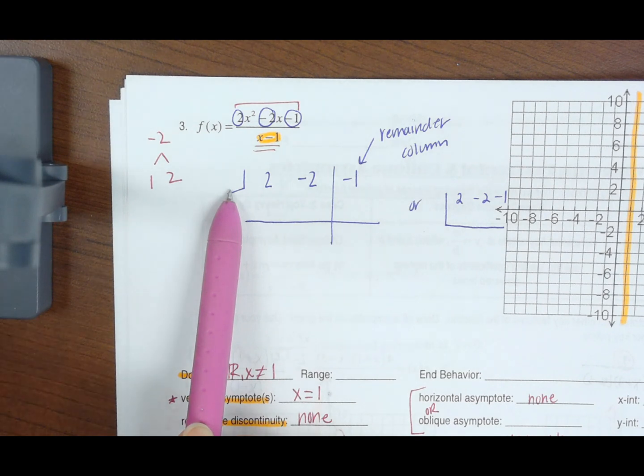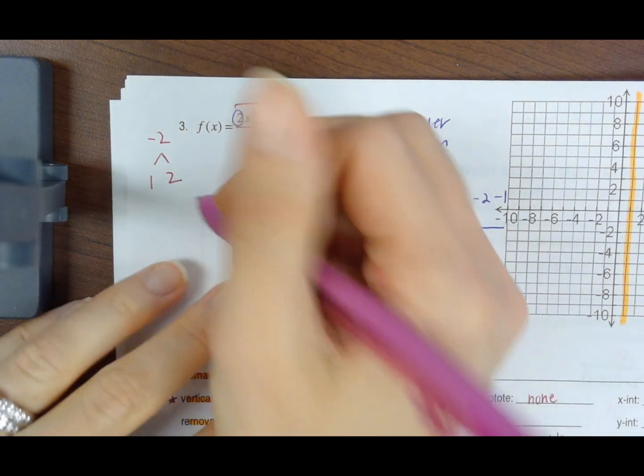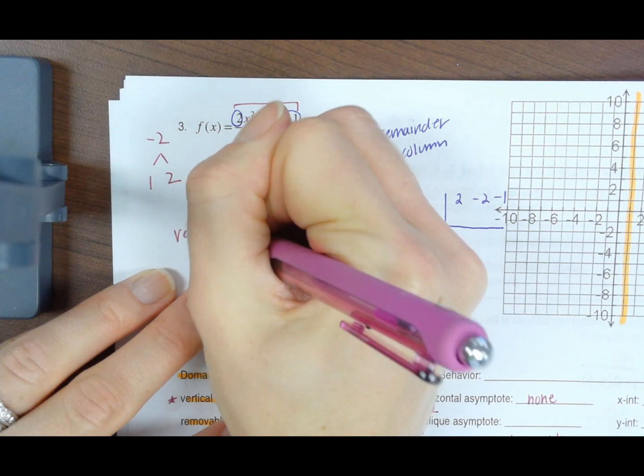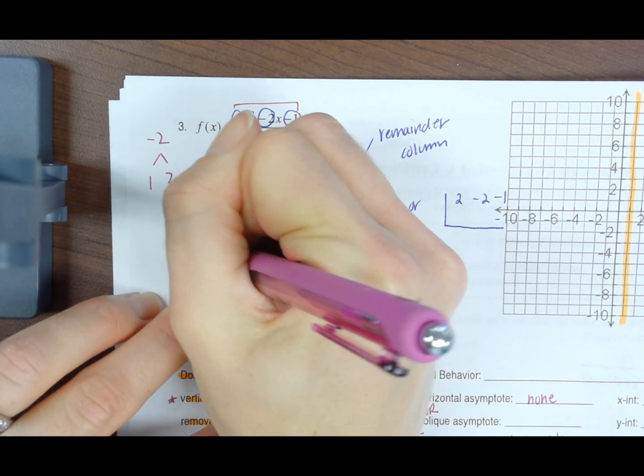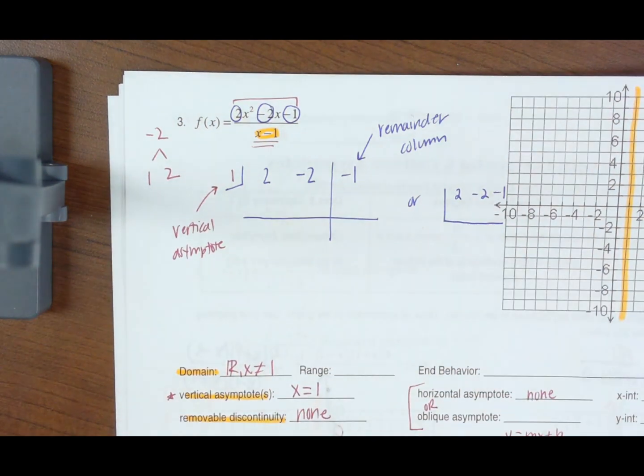We're using this for a different purpose, so we're not going to use the x-intercept here. The thing that does go here is your vertical asymptote. So in this case, our vertical asymptote's at 1. So 1's going to be the number that we use for synthetic division to divide this out. Okay.